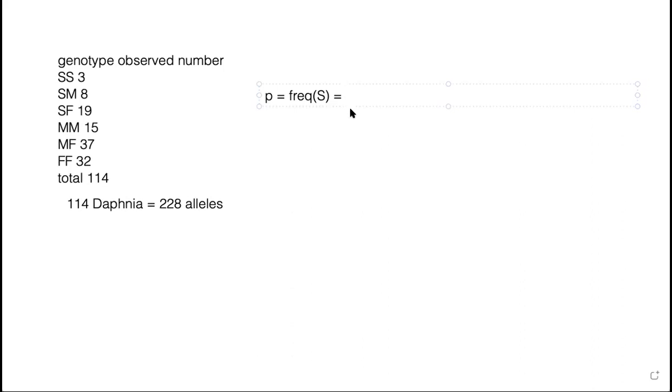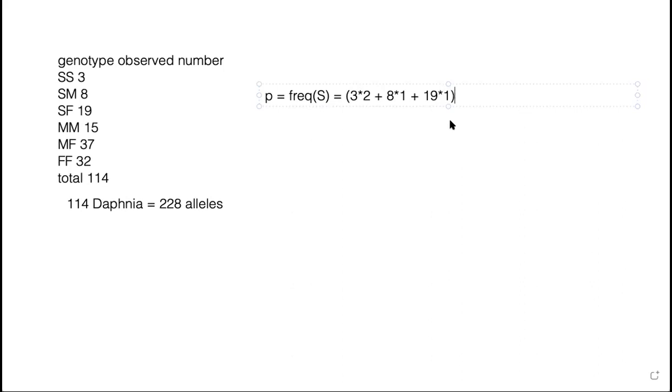Well, think about it. It's a fraction. In the numerator, we have 3 Daphnia that have 2 alleles each that are S. And we have 8 Daphnia, the SM ones, that have 1 allele each. And we have another 19 that have 1 allele each.